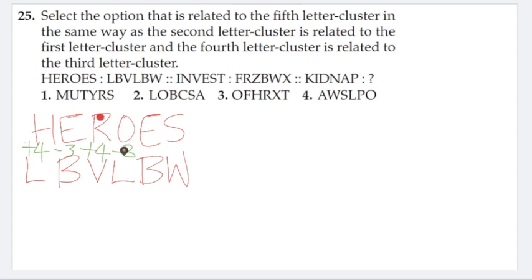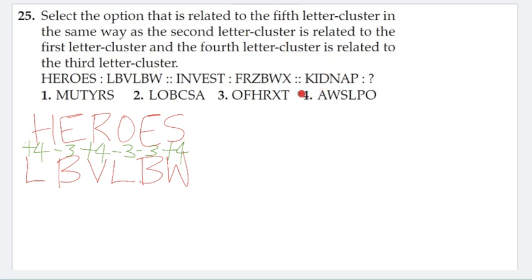If we see E, also here again it is subtraction and it is minus 3. So if we see S here it is addition. S, T, U, V, W. So plus 4. In the same way, if we see invest and F, R, Z, B, W, X, we get the same relationship.